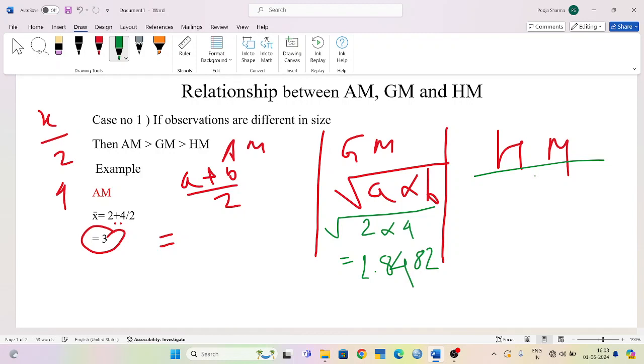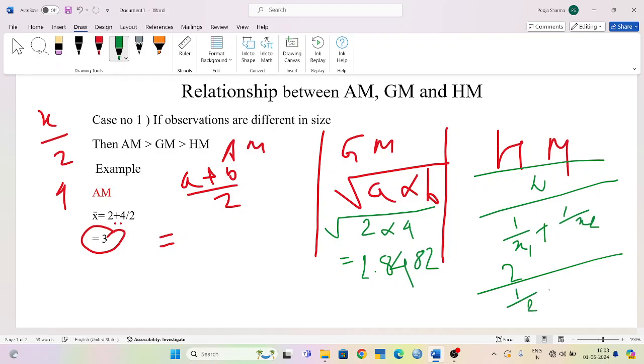The formula of HM: N divided by 1 divided by x1 plus 1 divided by x2. Here x1 is 2 and x2 is 4. Now we will put the value of n, that is 2. 1 divided by x1 is 2 plus 1, x2 is 4.